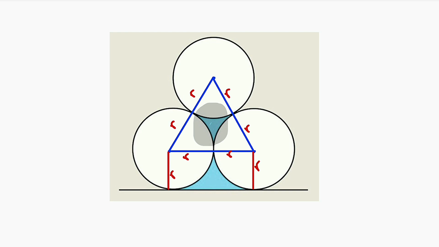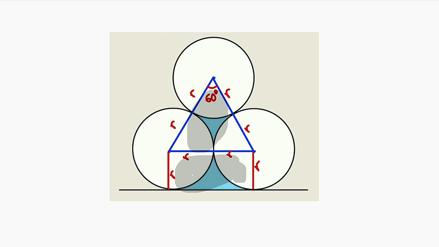And because this triangle right here is an equilateral triangle, it means that all the interior angles are 60 degrees each. So this angle right here is 60 degrees. So one thing you should observe here is that we have a triangle and a rectangle. And the combination of the triangle and the rectangle have already covered the blue region we are looking for.